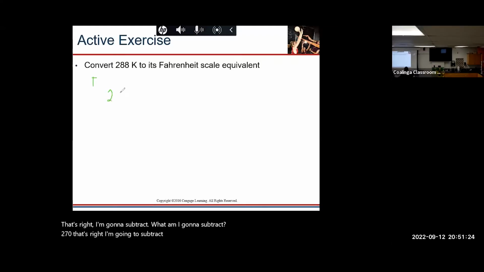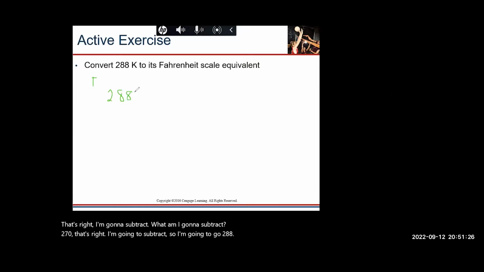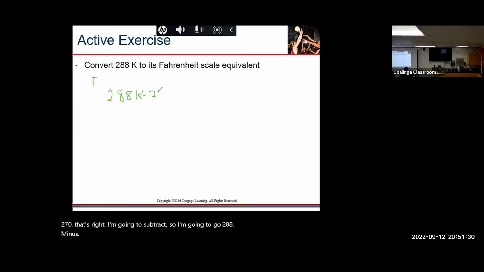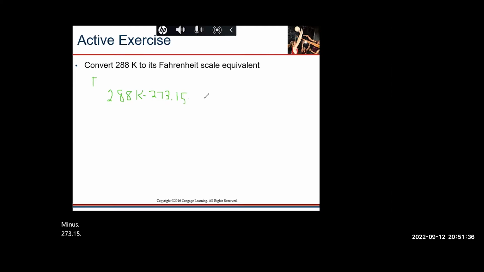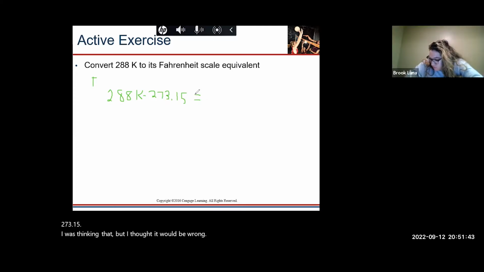So I'm going to go 288 Kelvin minus 273.15. See, I was thinking that, but I thought I would be wrong as usual. 14.85. Nice.